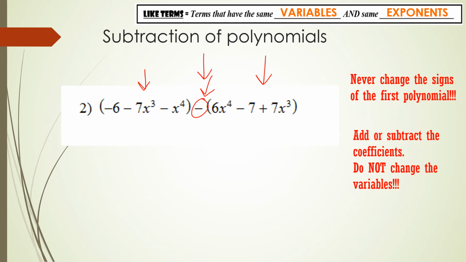So in that first parenthesis, nothing changes. It's going to stay negative 6 minus 7x to the third minus x to the fourth. I'm going to change the subtraction to addition, and I'm going to change the sign of every term in the second parenthesis. This is where you want to be careful.